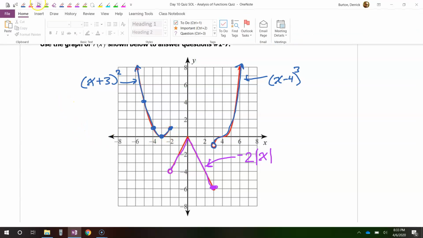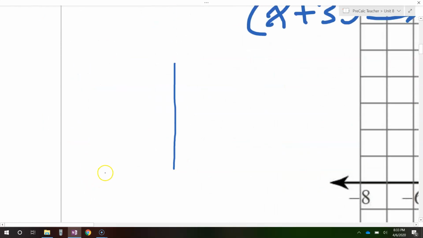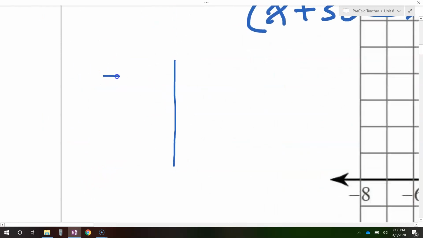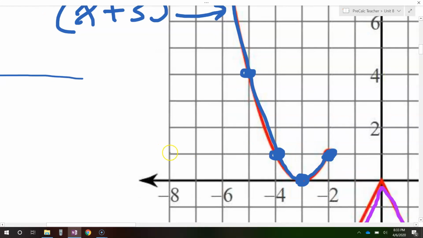Okay, let me make a little chart, which I think will make it easy for us. So we will do x and y. This first point is the point -2, comma 1.